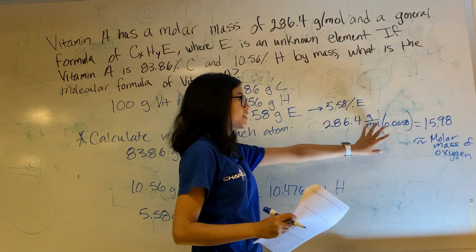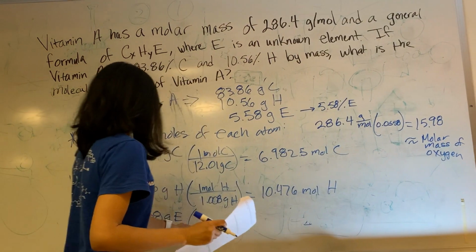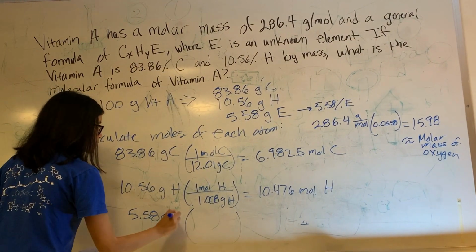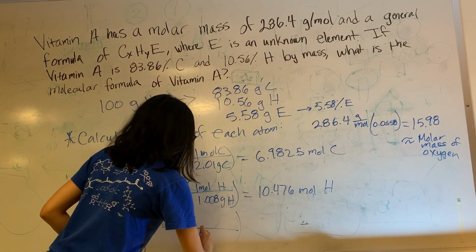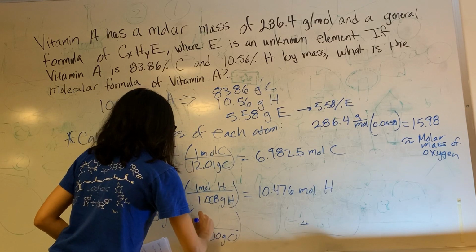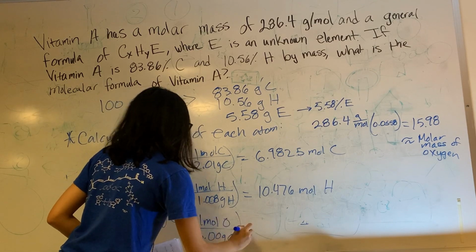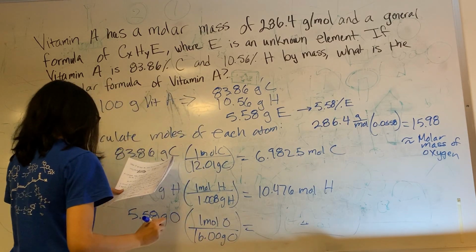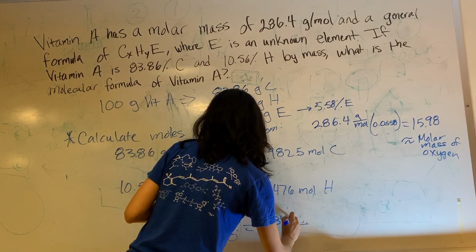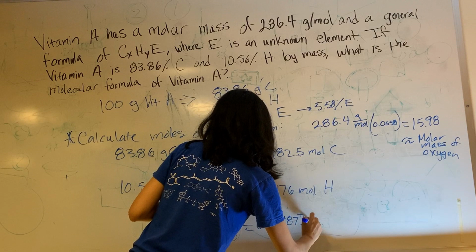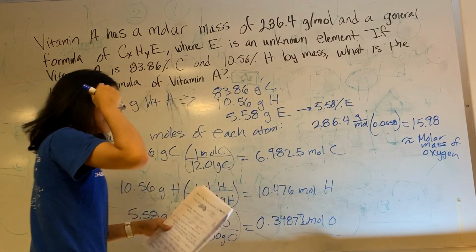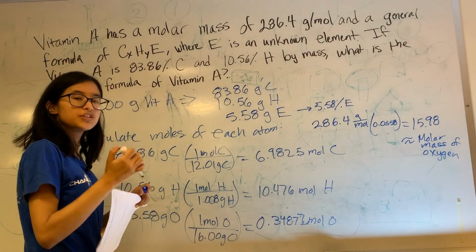Okay, so in that way, now we know that when we go down here, for E, we're actually replacing that with oxygen, and we're using the molar mass of oxygen for the rest of the calculations. And here's 1 mole of oxygen, and that comes out to 0.34877 moles of oxygen.